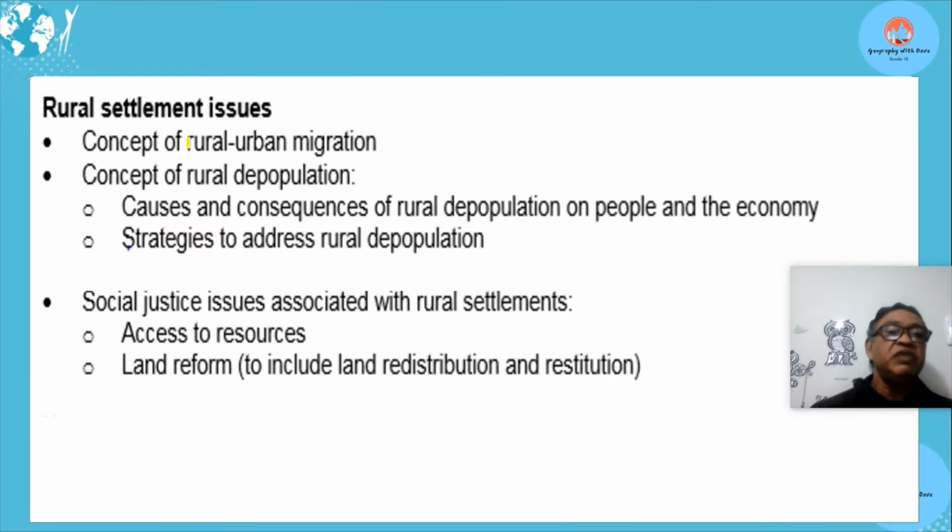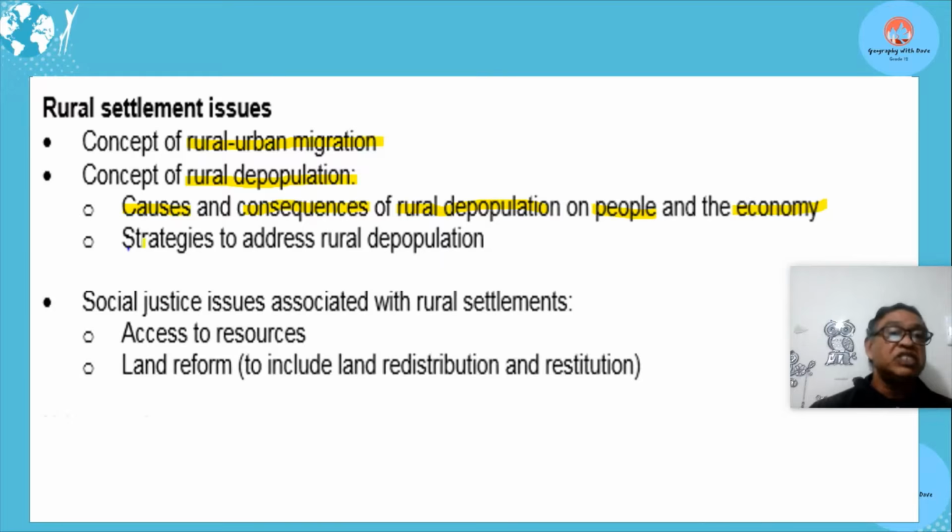The first thing we will look at is rural urban migration. Then we look at the concept of rural depopulation. We will then look at the causes and consequences of rural depopulation, specifically on people and economy.